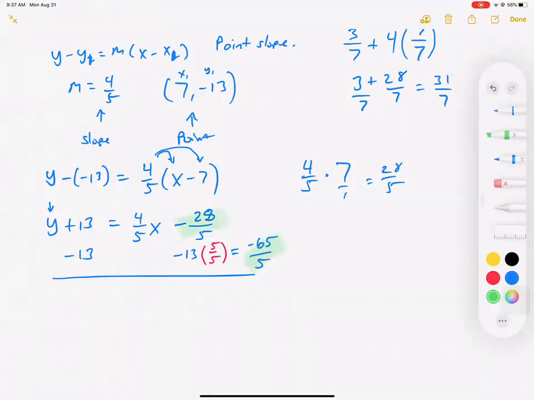The denominators are the same. So we just have to combine them. Y is equal to 4 over 5x minus 28 and 65 combined to become 93 over 5. It looks ugly, but we just picked any numbers that we wanted.